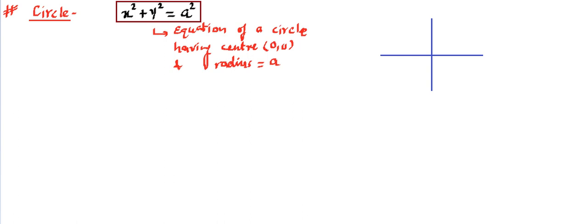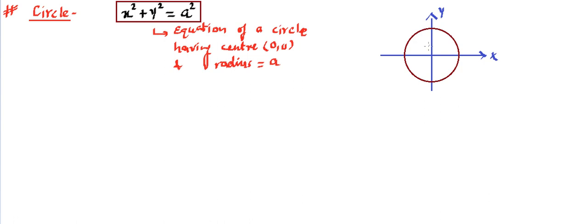How it's going to look like, let me draw it. It's going to look like this, and the center will be at the origin exactly. It's going to be symmetrical for all the axes, and you will find this is going to be equidistant from a particular point, that's called the center.